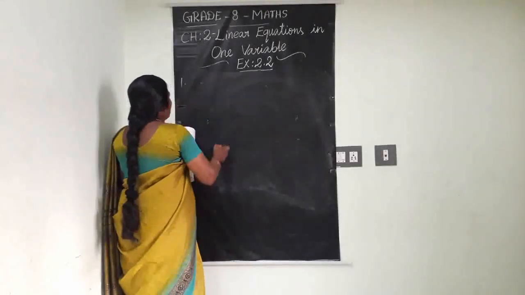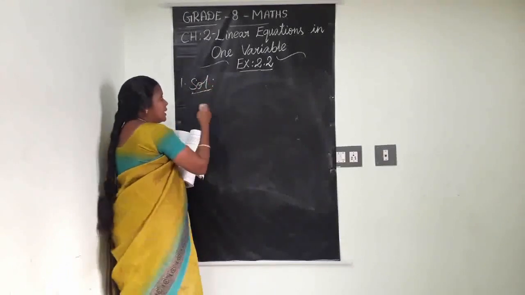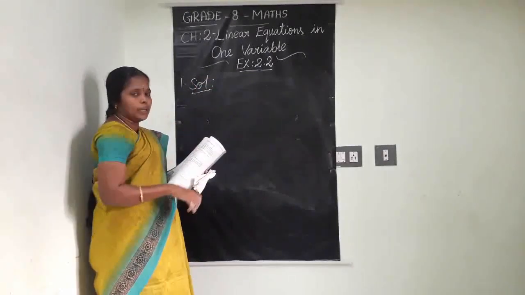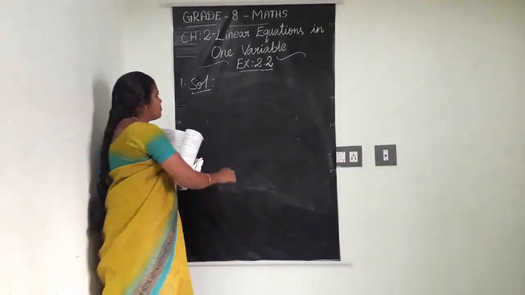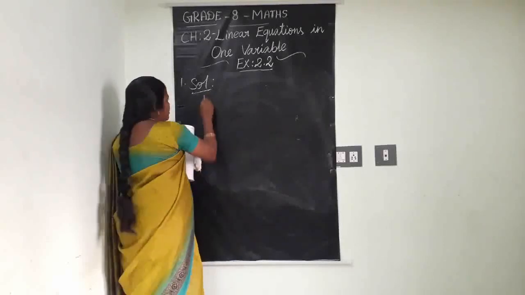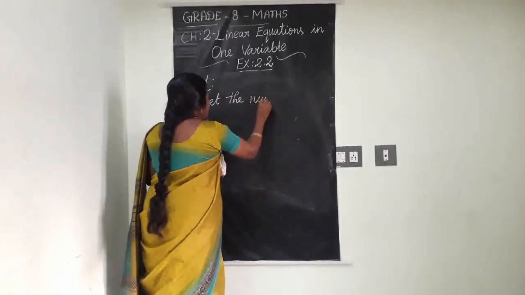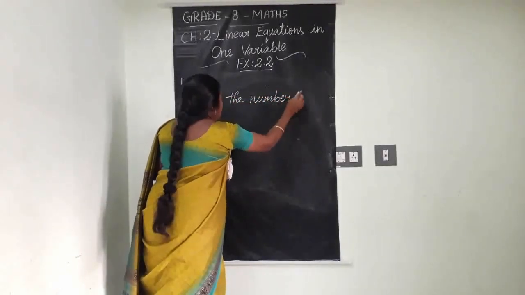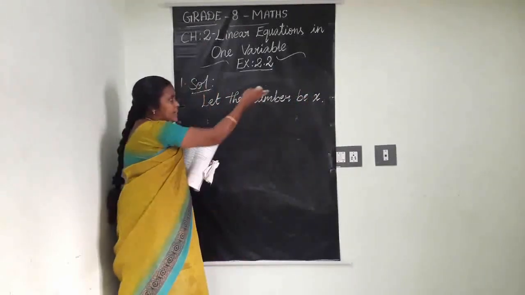So what I am going to do here. First, they are asking from a number. They told from a number subtract half. So first of all, we have to assume that number as x. So let the number be x. Let the number be x. I am assuming the missing number as x.